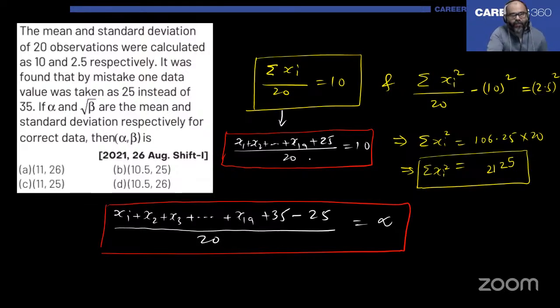Let us see again. Sigma of xi by 20 is equal to 10, so the sum is 200. Minus 25 is 175, and we replace 25 by 35.